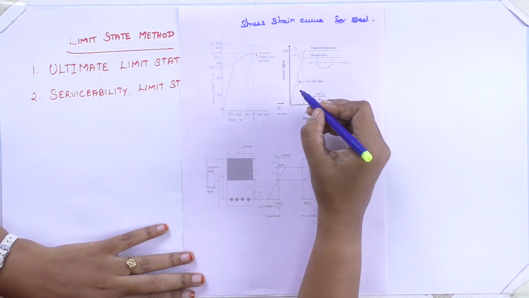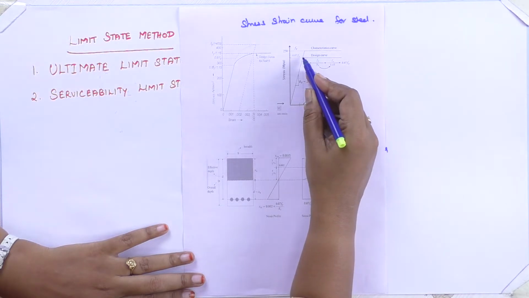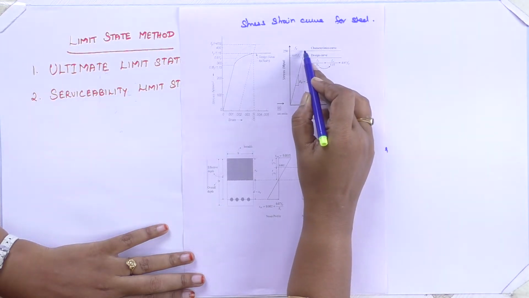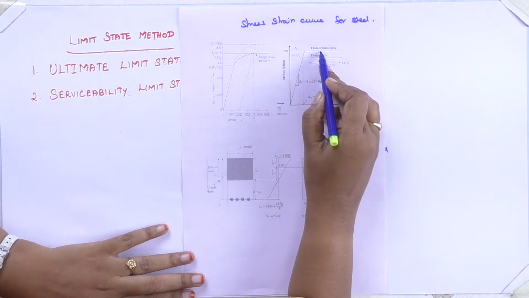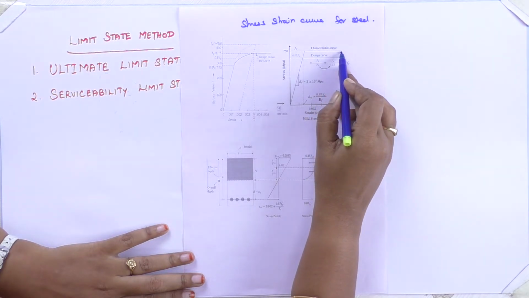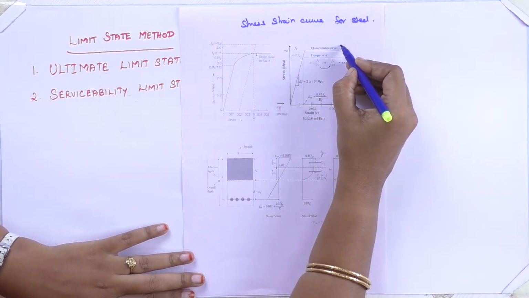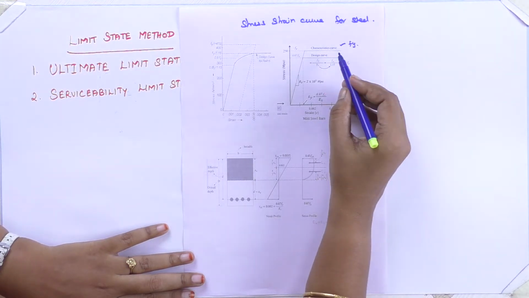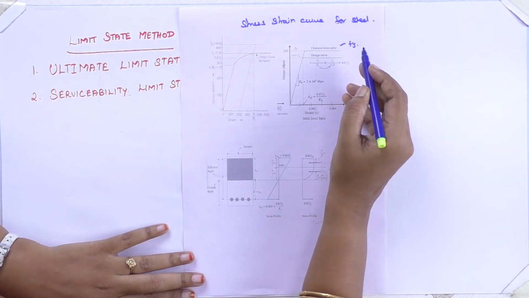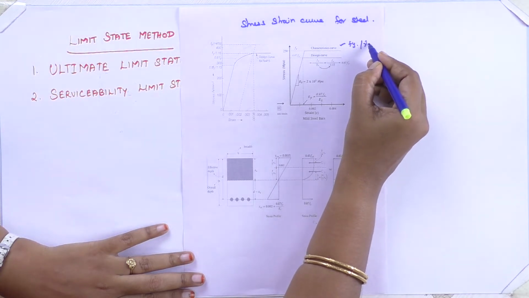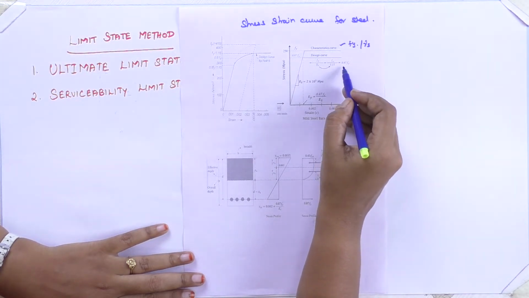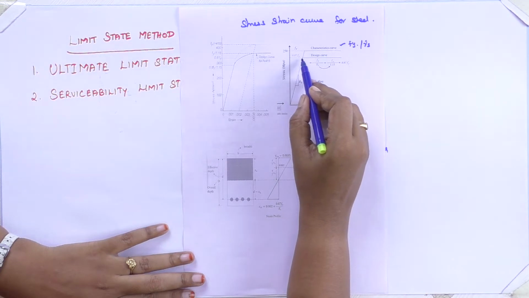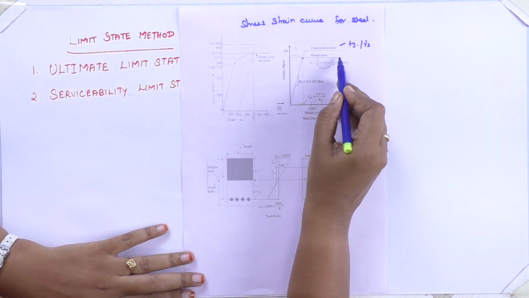You can see here, this is the linear variation. After the yield point, you may have some characteristic curve. This curve is the characteristic curve, that is Fy, the real strength. For the design curve, we divide your characteristic curve by the partial safety factor of your steel. You will get 0.87 Fy.